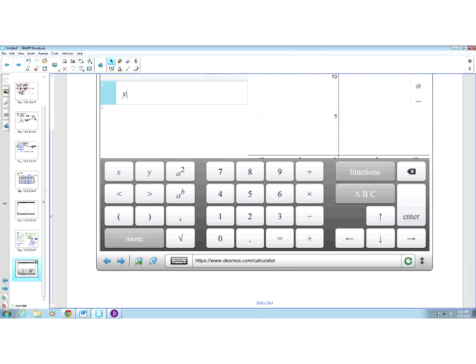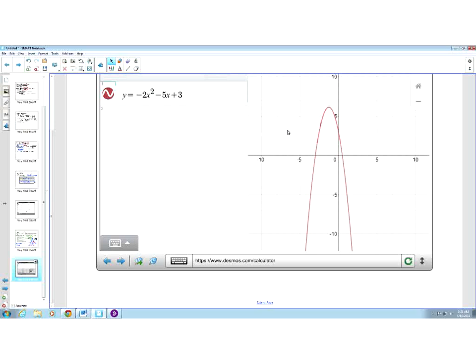All right, so we had y is equal to negative 2x squared minus 5x plus 3, and it's sketched in red here. So here's our vertex. Yeah, so it's negative what?